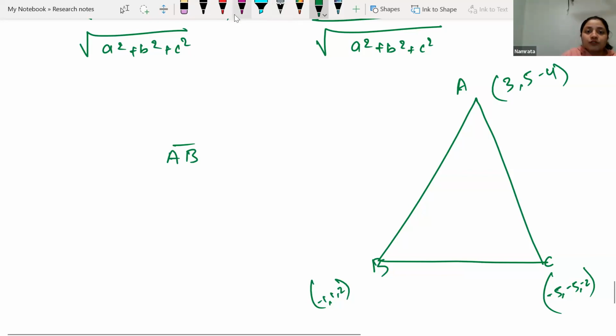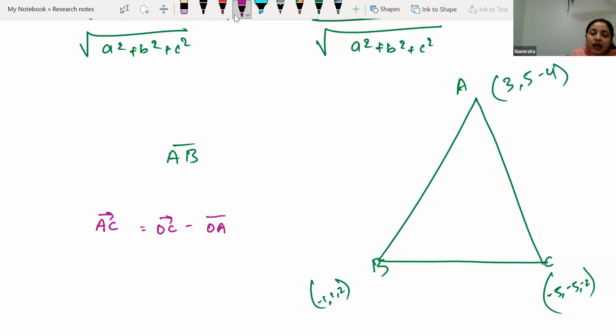So what will be the next step? The next step will be finding the equation of a line AC in vector form by doing OC minus OA. How are we writing this one? We are using the vector law of addition. We can write the equation of a line by using the coordinates and everything. OC, we can write it over here.